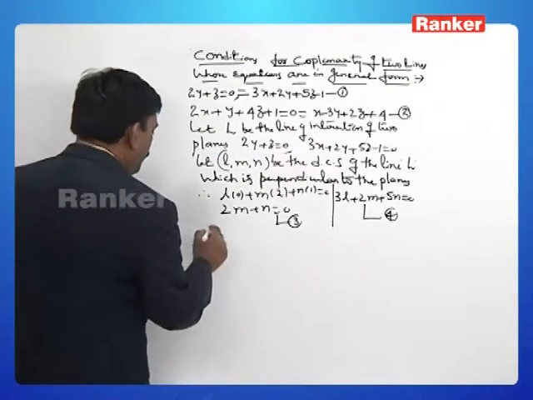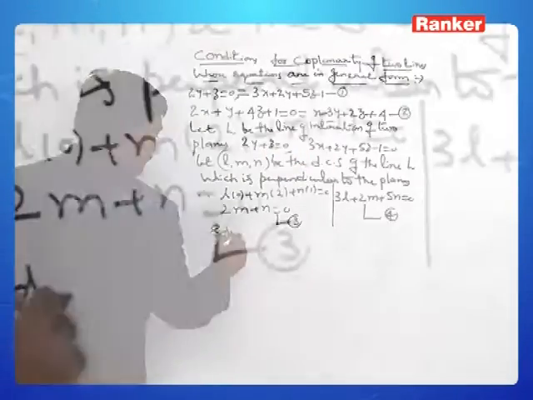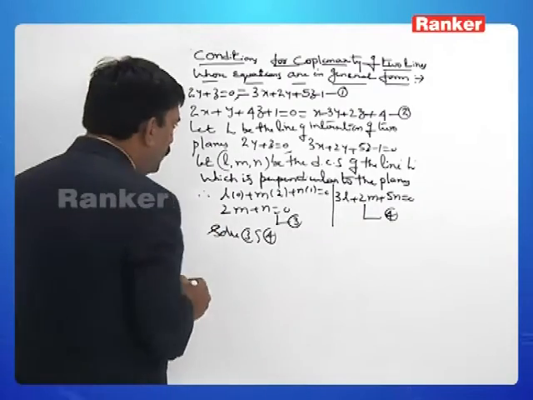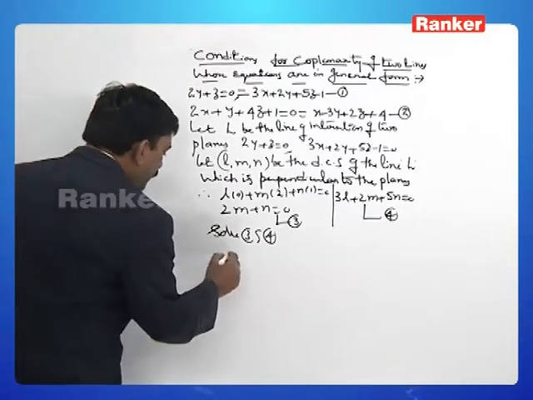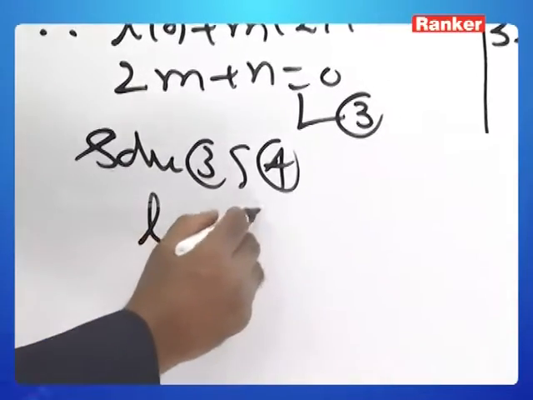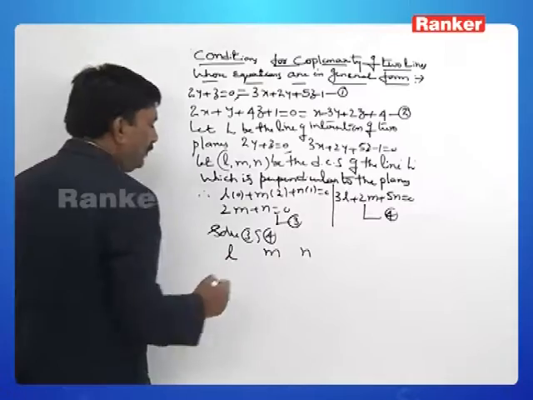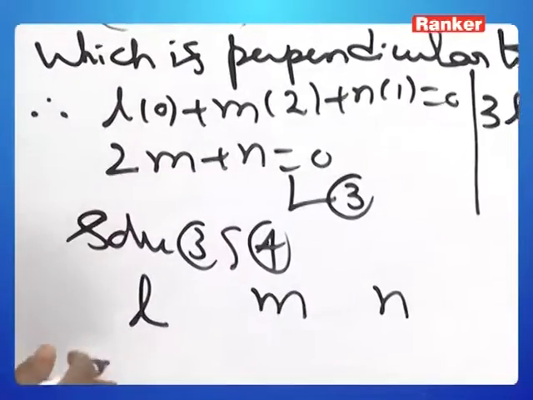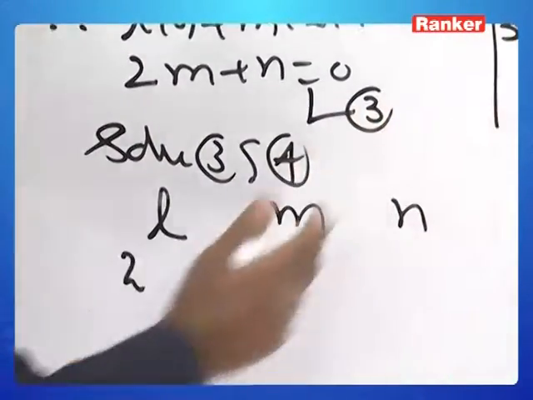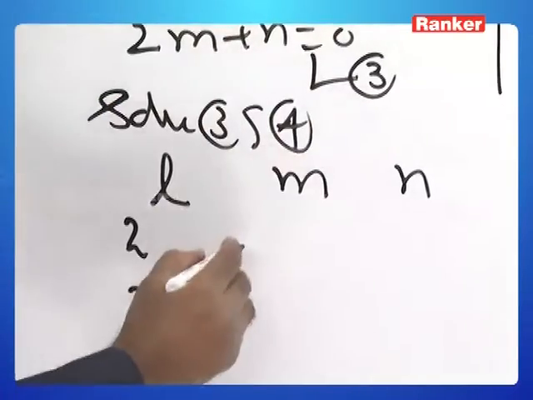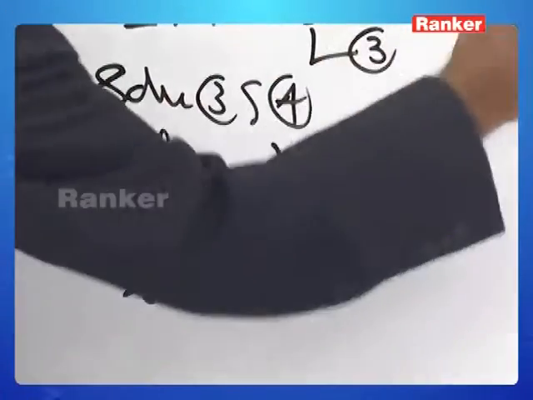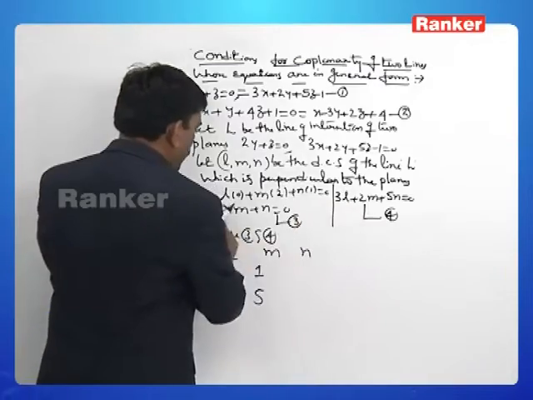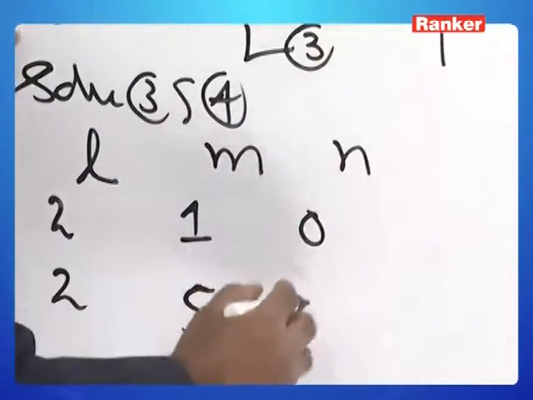Now solve 3 and 4. Solving 3 and 4, you get l, m, n. Start with the middle term coefficients: here 2, here also 2. Go to the right side, it's 1, next 5. Next, L coefficient is 0, here it is 3.